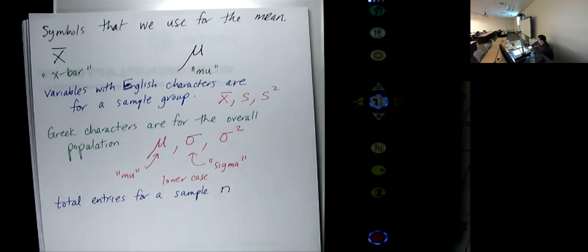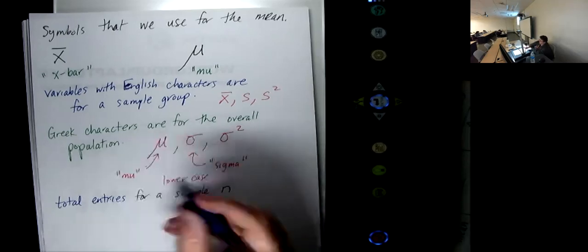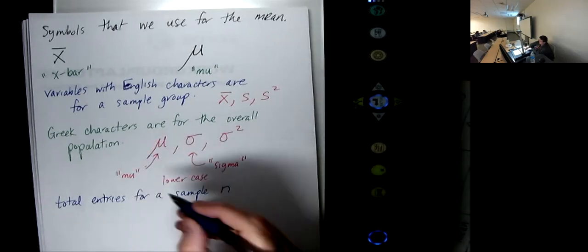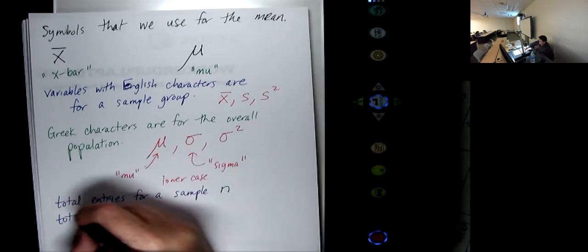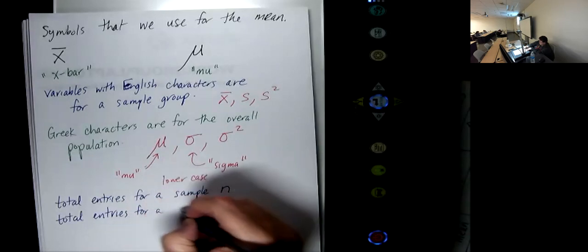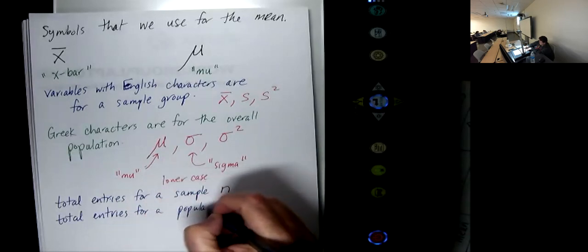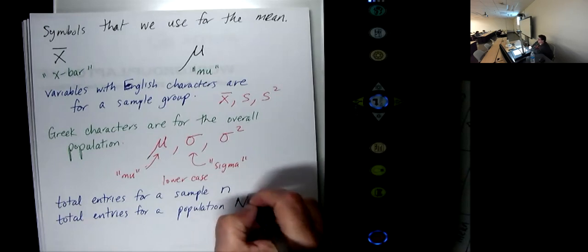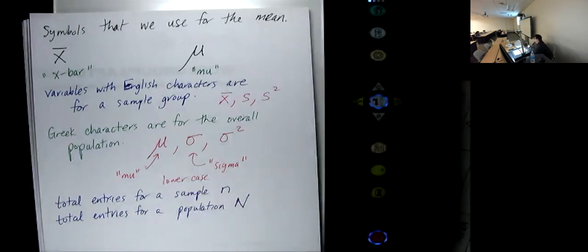And this is the only time that we use an English character for population. The total entries for a population we use capital N. That's the only exception to that Greek rule.